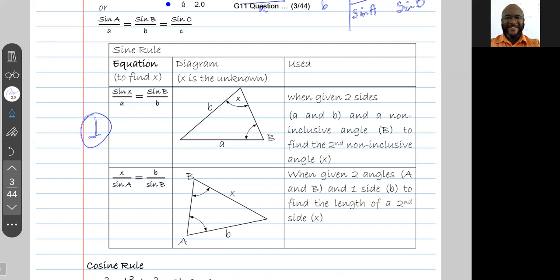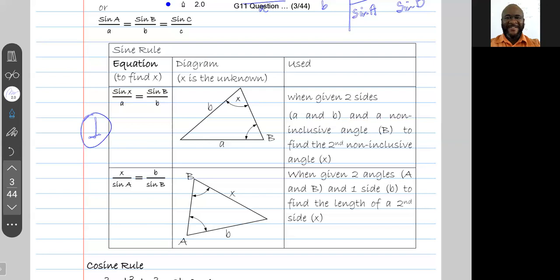a and b are two sides of known lengths. So I know the side a, I know the side b, and I know the angle B. And I'm trying to find the angle X. So in other words, I have the length of two sides and a non-inclusive angle.